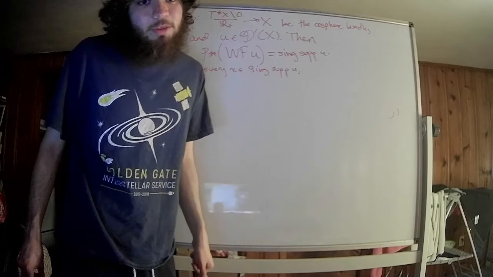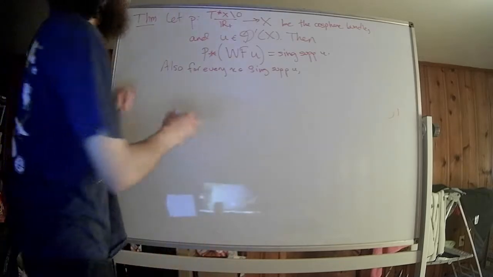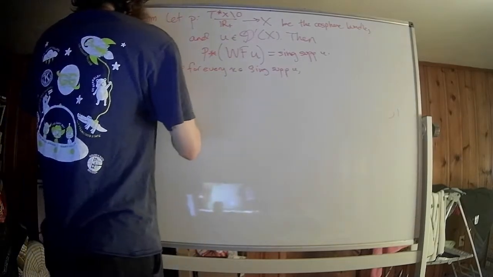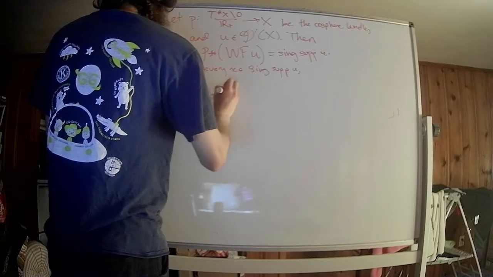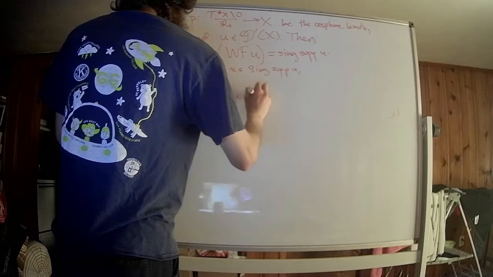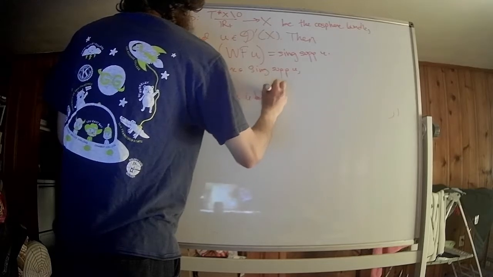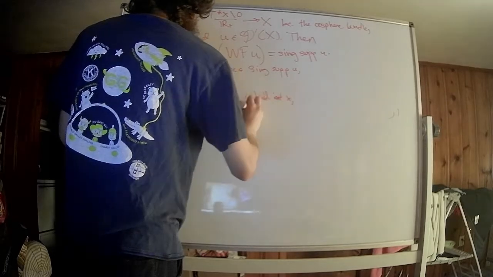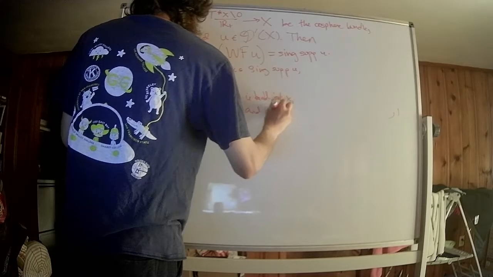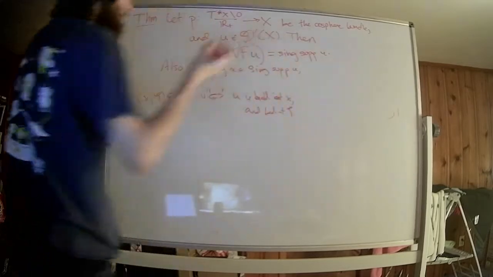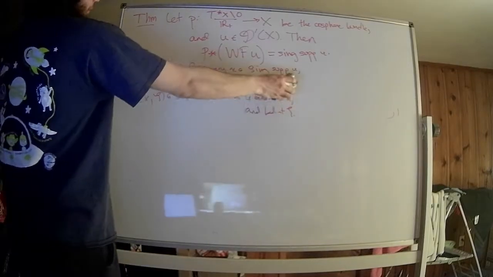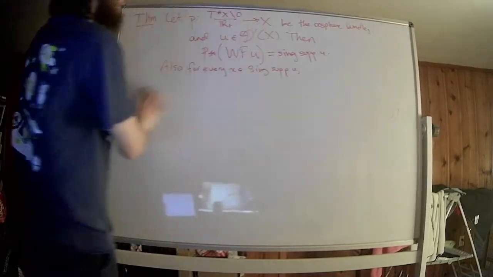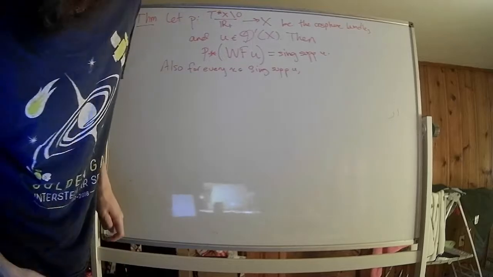So in order for something to be in the wavefront set, so (x, c) is in the wavefront set if and only if U is bad at X and bad at c. So in particular, it has to be bad at X. And if it's bad at some c over X, then it's bad at X.